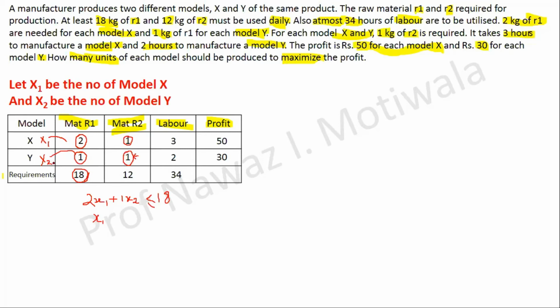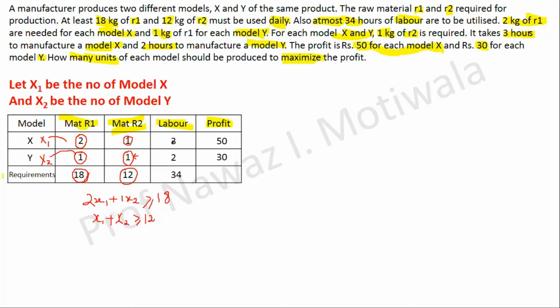So if there are X2 number of models, it will be plus 1 X2, that will be X2. It should be greater than or equal to, since it says at least, it should be greater than or equal to. Similarly, for material R2, it is given that it should be at least 12. If it is at least 12, it can be 12 or it should be greater than 12. It cannot go less than 12. So it will be here greater than or equal to 12.